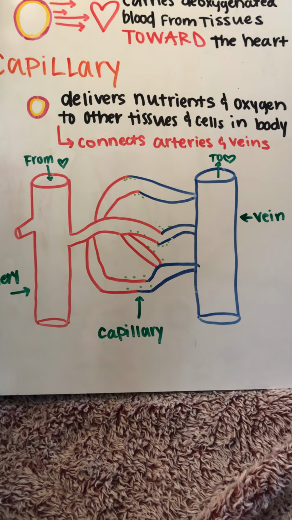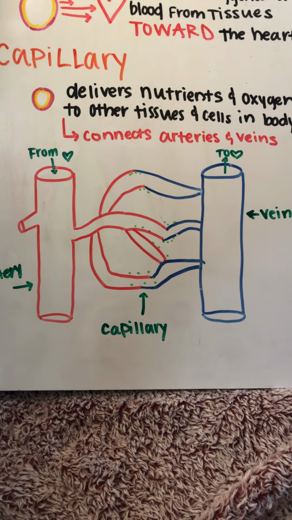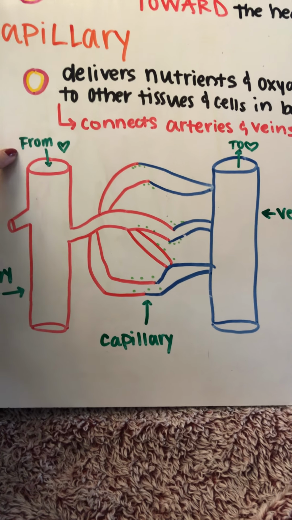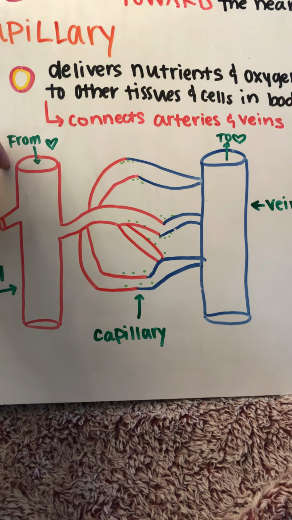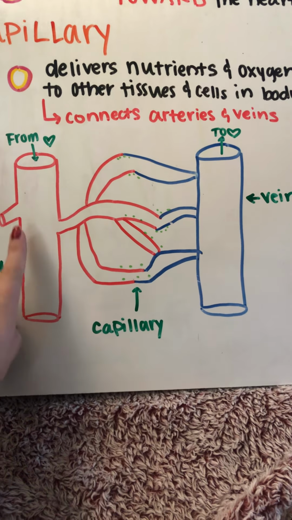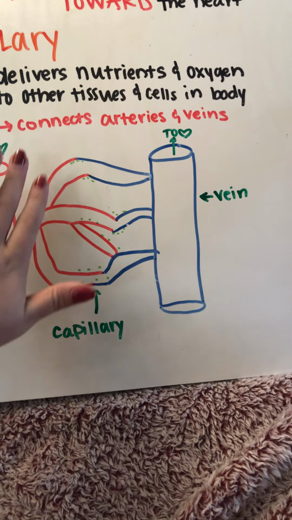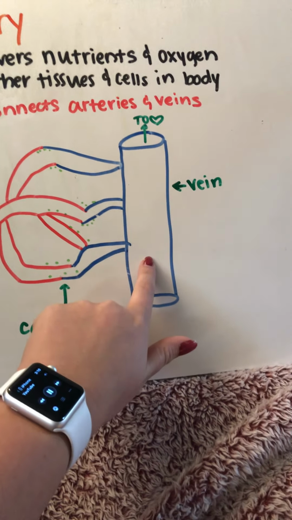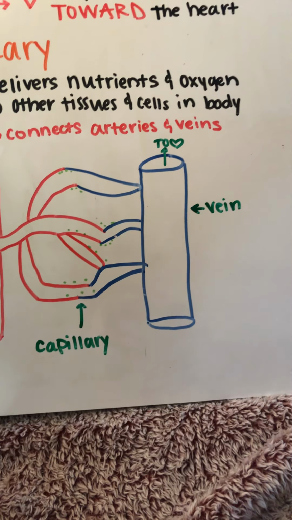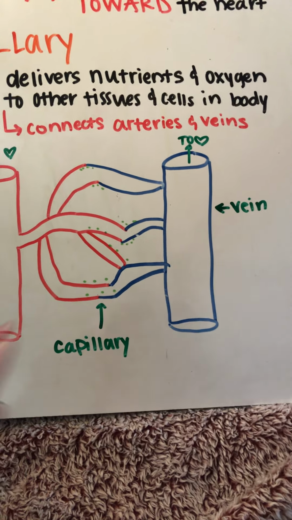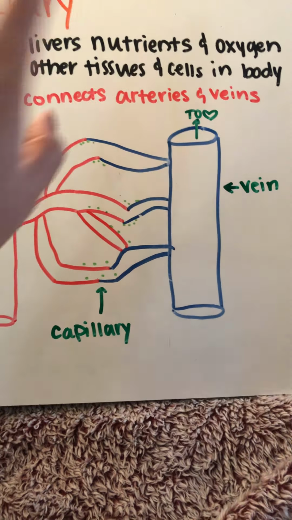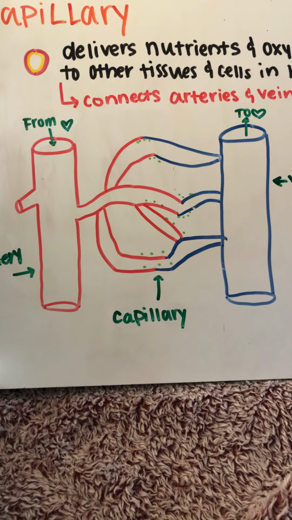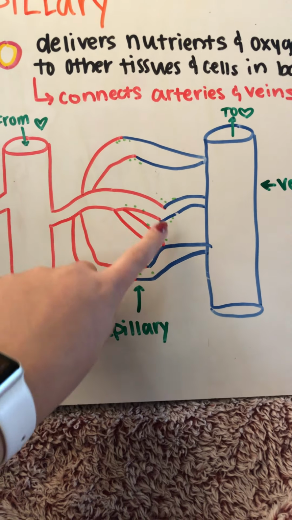Since the artery carries the oxygenated blood away from the heart, it is coming in here to the artery, so that's from the heart, and that is oxygenated, and it goes through here, and then the vein carries deoxygenated blood towards the heart, so it's going out through the veins to the heart. And like I said, they're connected, so they kind of have them here.